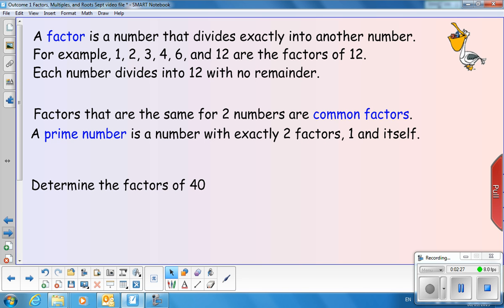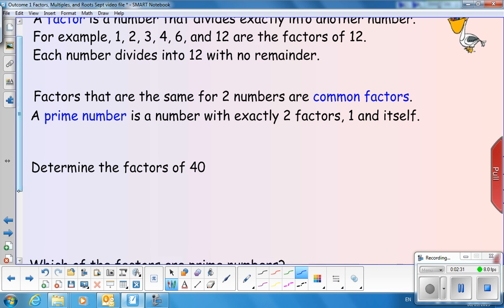Determine the factors of 40. There are different ways of doing this. One way is to start with a factor of 1, and 1 times 40 gives you 40.